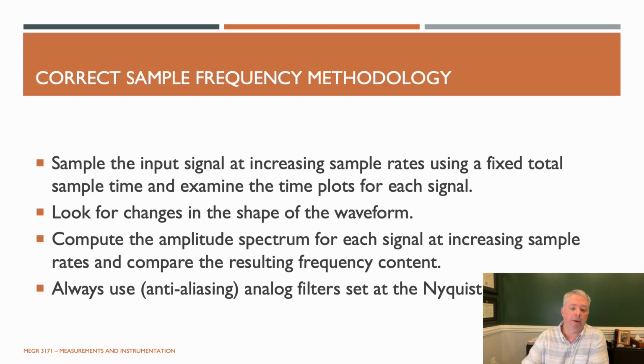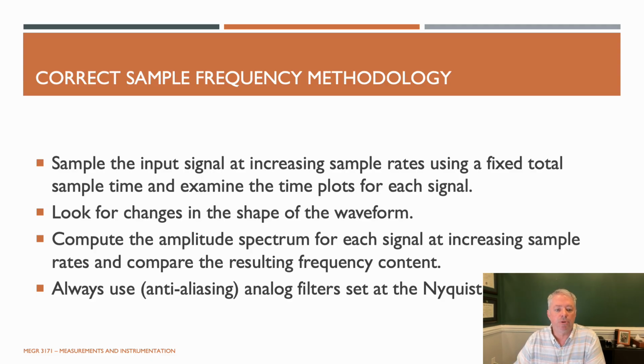Okay, so the methodology that you use is you first increase the sampling rate, and then you look at the signal and see how it is changing, and there'll be a point where it stops changing. You say, hey, I think this looks good.